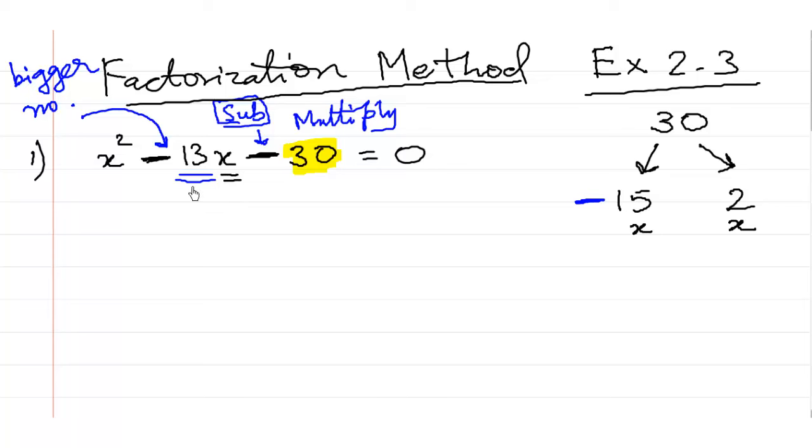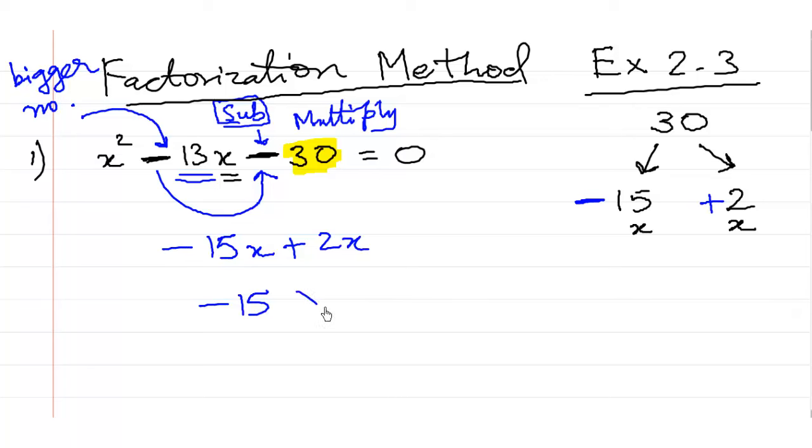And minus times plus is minus, so the other sign goes to the smaller number. So the smaller number will be plus 2x. So if you see properly, minus 15x plus 2x is back to minus 13x. And minus 15 multiplied by positive 2 will give us negative 30. So this tells us that our splitting is correct.